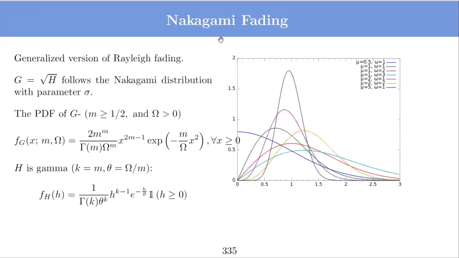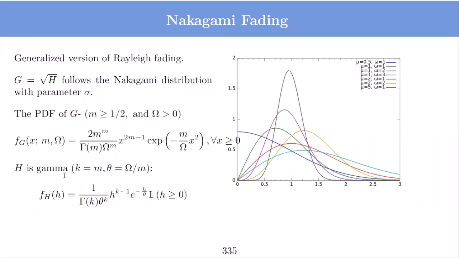And then we have Nakagami fading. It's a generalized version of Rayleigh fading. When we have Nakagami fading, it means the signal amplitude follows the Nakagami distribution with parameter sigma, and its distribution is given in the following format. In that case, H, which is G square, follows the gamma distribution, which has the following form. So the distribution looks something similar to that.